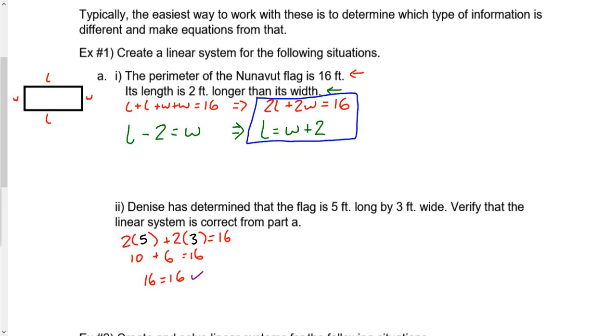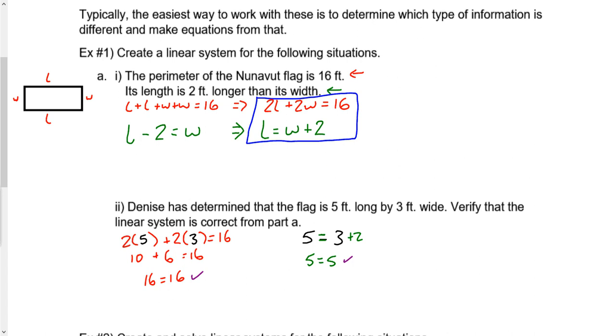We see that our length is 5. Is that equal to 3 plus 2? Yeah, we're good. So this would actually be our solution.